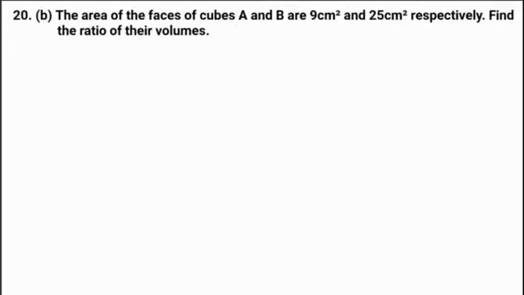Okay, so question 20B was as follows. The areas of the faces of cubes A and B are 9 cm squared and 25 cm squared respectively. Find the ratio of their volumes.